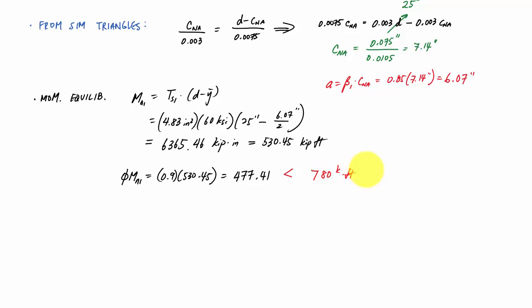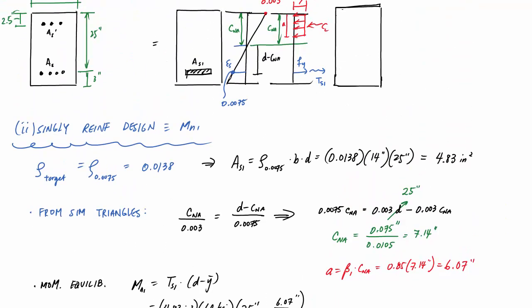So there are other things I could do, but I doubt it's going to make that much of a difference. I could say, let me up the amount of steel, because remember rho of 0.005 is 0.0181, right?